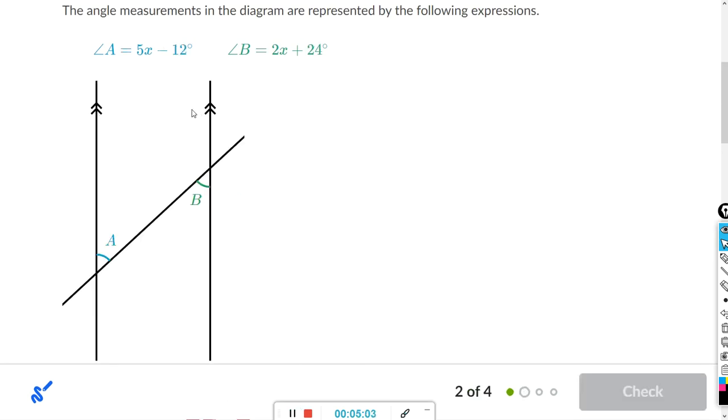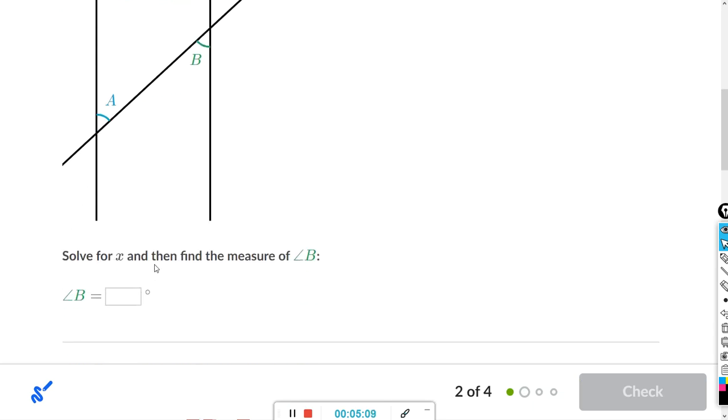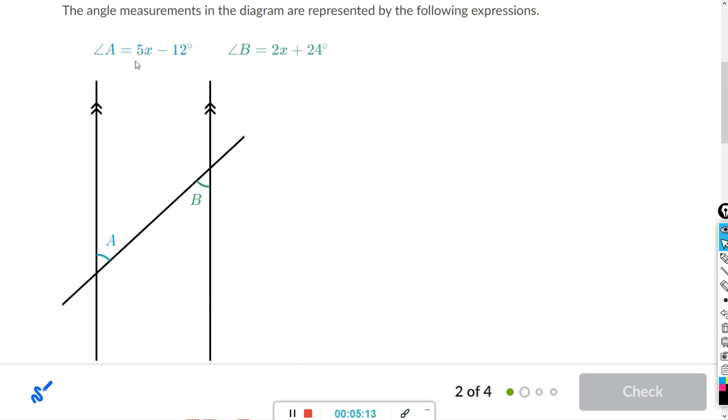Again, we have the two parallel lines and we have the transversal. They want us to solve for x and find the measure of angle B. So these are the expressions, one for angle A and one for angle B. We know that in between the parallel lines is considered interior. This line here that's cutting the parallel lines is the transversal.